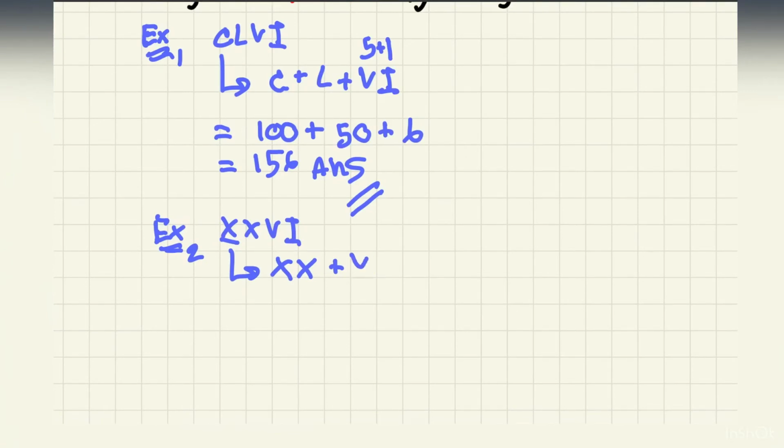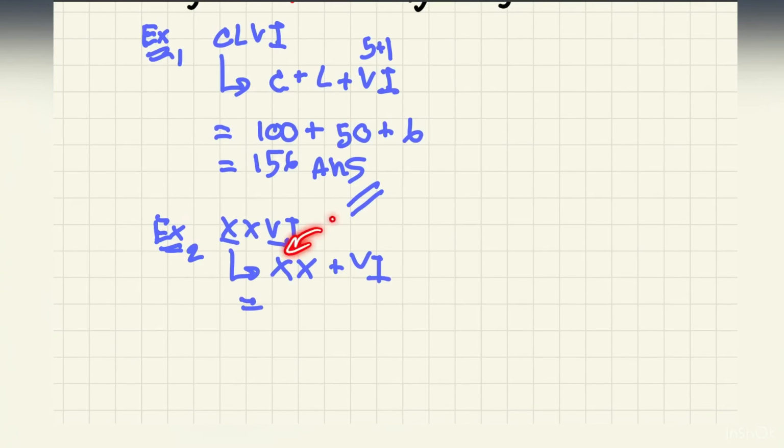So this would be V, and then I. I is equal to 1. 5 and 1 are in the same value, in the ones place. They're in the same place. So I'm going to place them together.